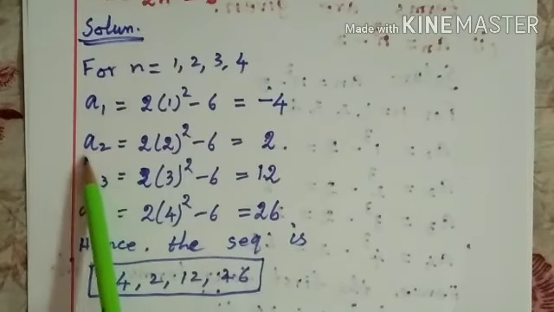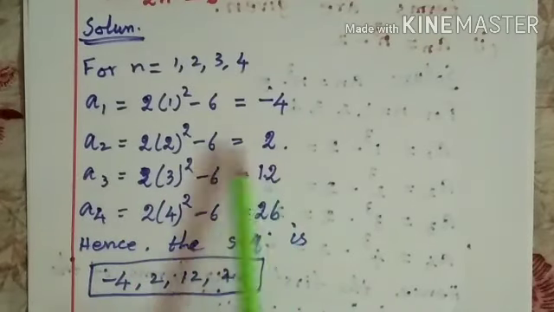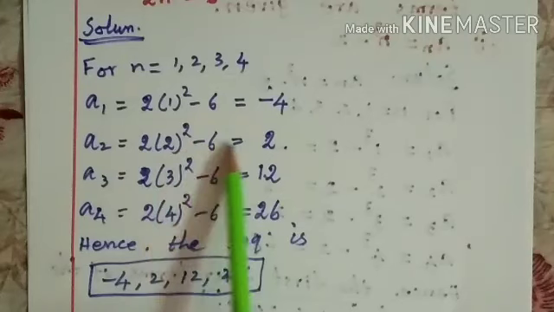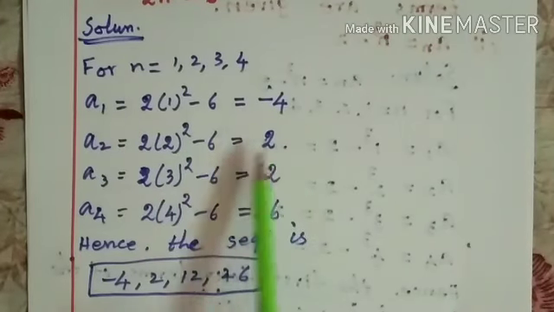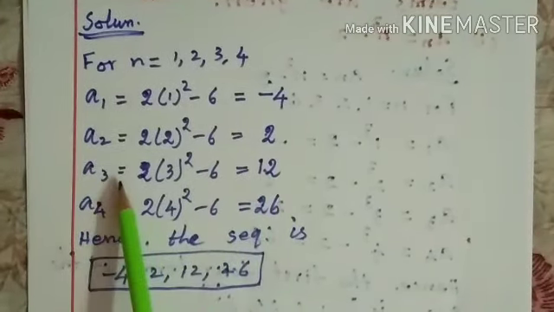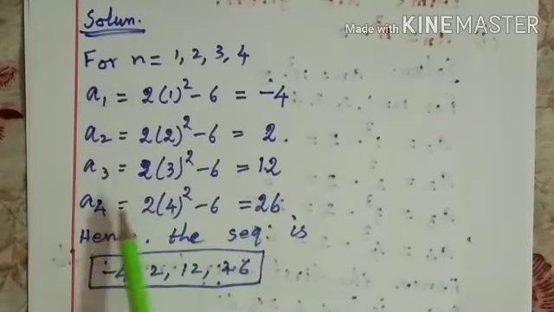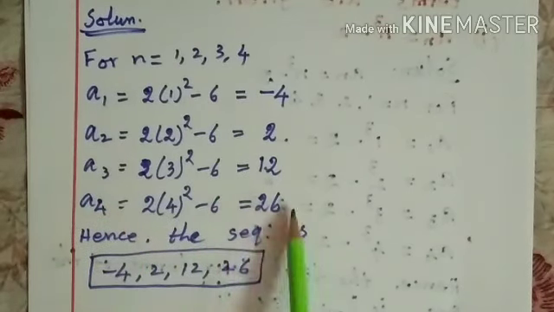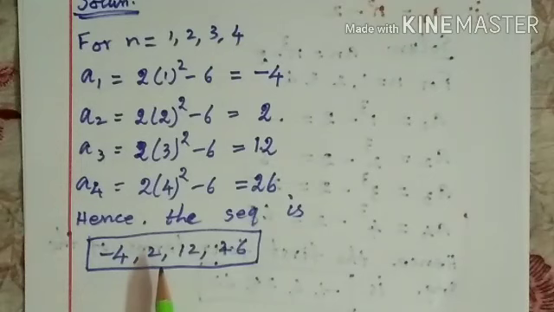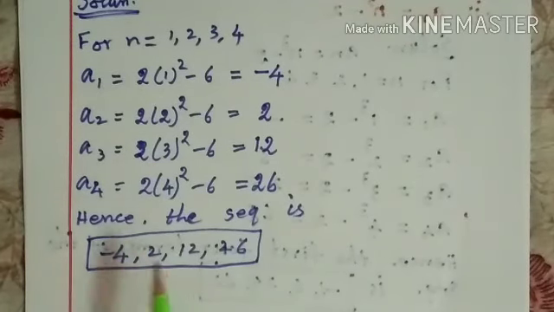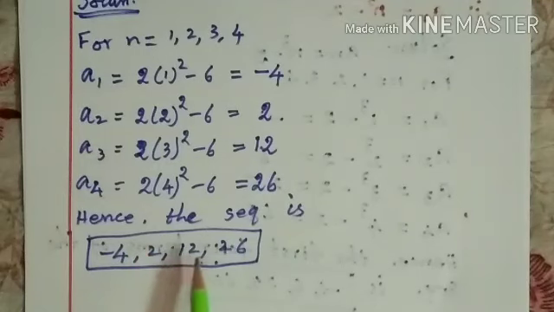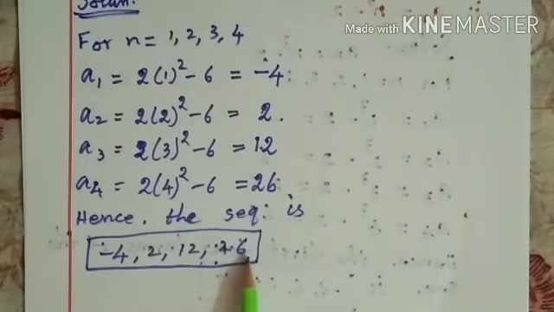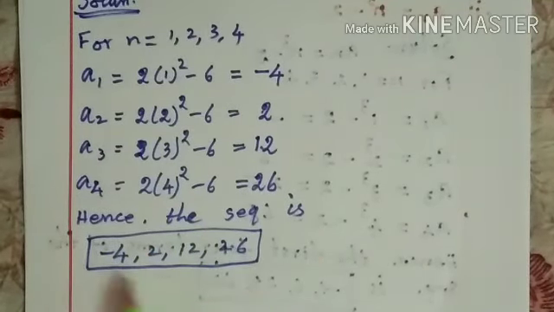For n equal to 2, a2 is equal to 2 into 2 squared minus 6, which is 2. Similarly, you have to find a3 as 12 and a4 as 26. Now, the first 4 terms of the sequence are -4, 2, 12, 26. This is the answer for this question.